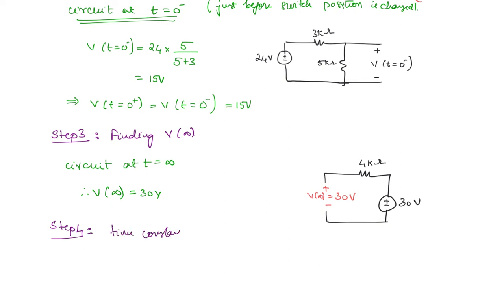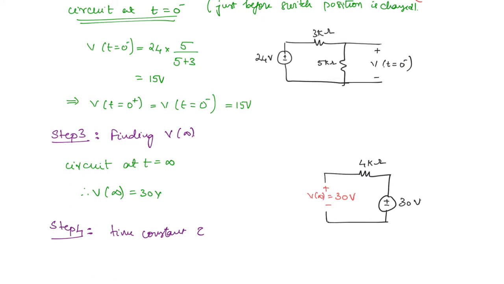Now here, should we take the circuit at t is equal to 0 minus, that means before the switch is closed, or after the switch is closed? Remember that since we are finding the expression for voltage after the switch is changed to position B, we will be needing this circuit. So what will be the time constant here?